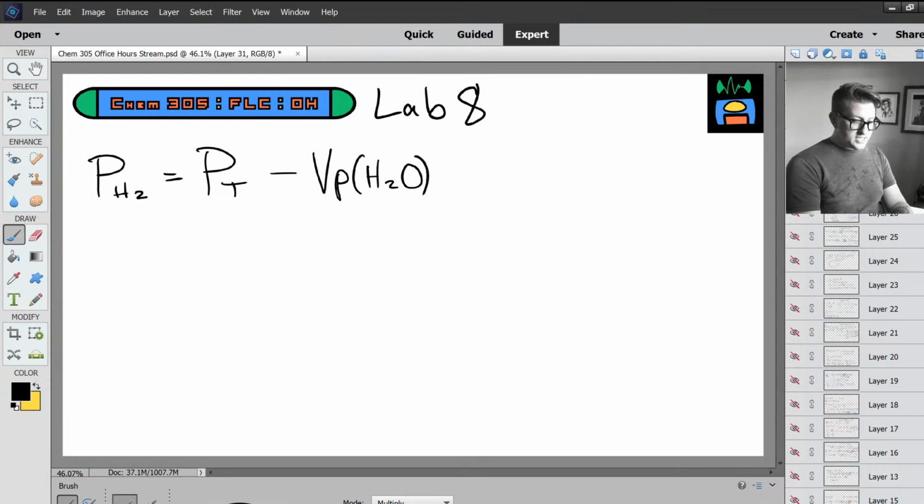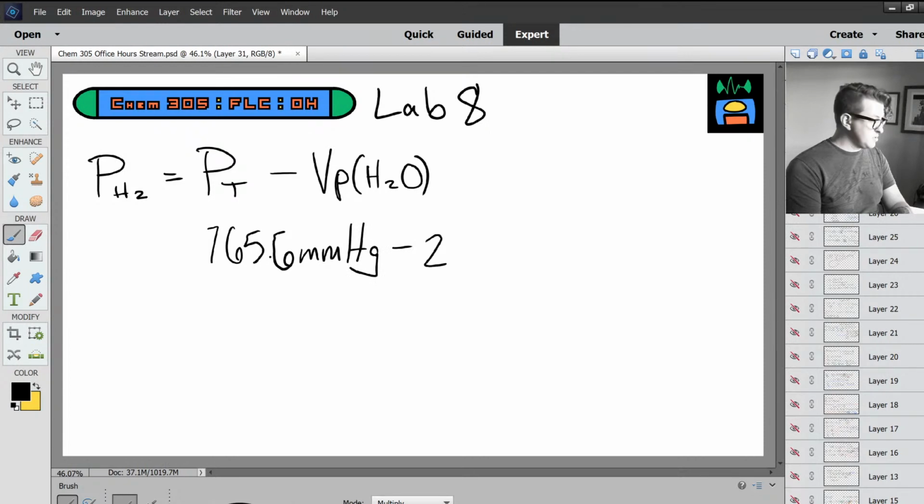And when you look at these two numbers, our total pressure is 765.6 millimeters of mercury minus, let's see, where's that partial pressure? 21.1 millimeters of mercury.